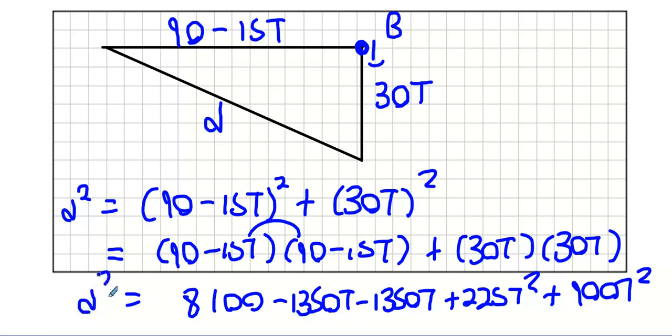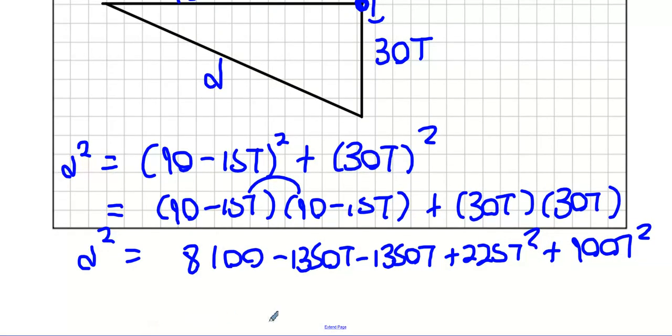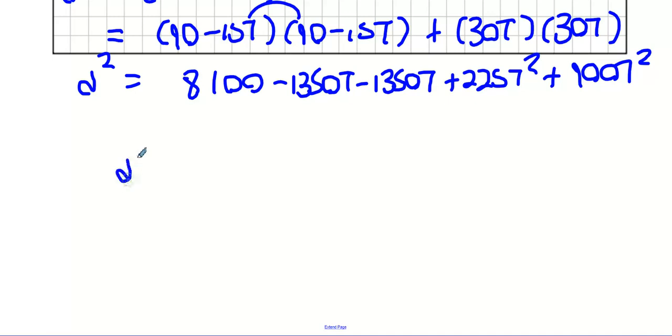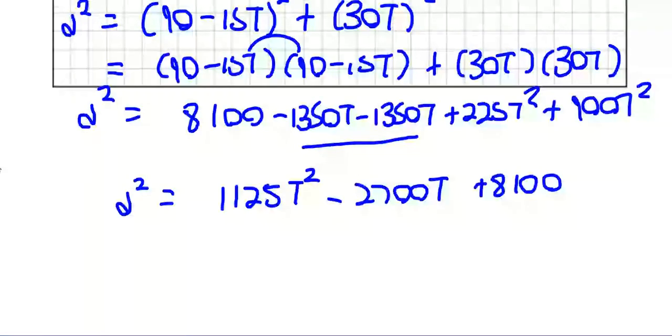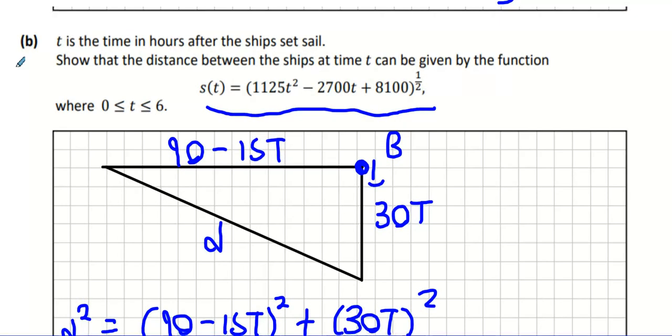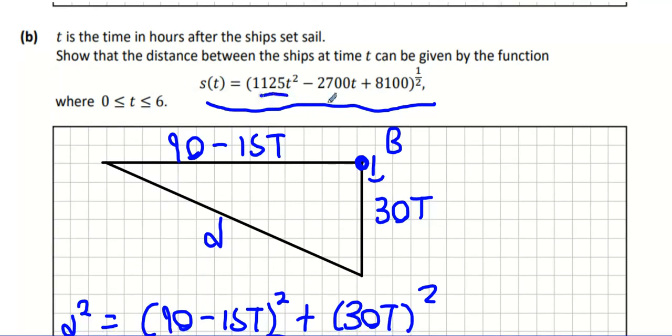And this is all d squared, remember? Now t squared on its own is going to be 225 plus 900, which is going to be 1125t squared. We're going to get our 2,700t in the middle, and then we're going to get our 8,100 at the end. Now, we don't want d squared. What we want is d on its own. So you can see that we have all the numbers we're looking for. Now we're going to square root it.